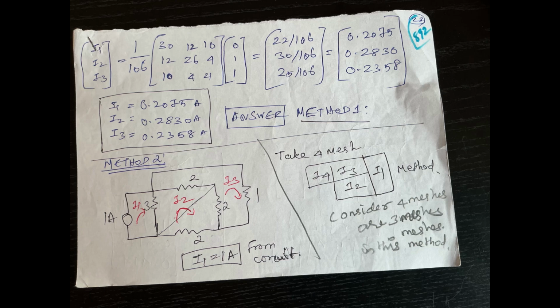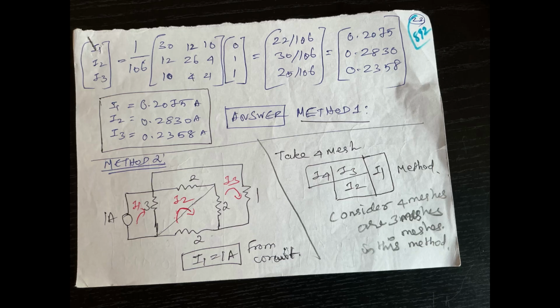First mesh: I1 is 1 ampere, as we obtained. The second mesh consists of 2 ohm resistances, so form 3 ohm and 2 and 2 and 2, triple 2 ohm resistance. 3 into (I2 minus I1), since the mesh currents I1 and I2 are in opposite directions, we put a minus sign.